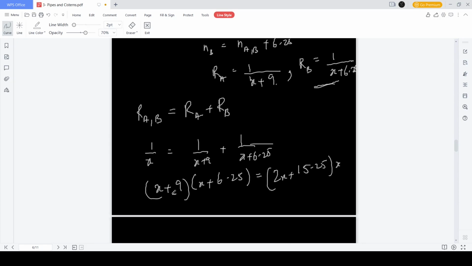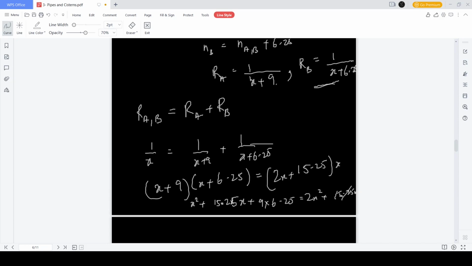Here you get x square plus 15.25x plus 9 into 6.25 is equal to 2x square plus 15.25x.